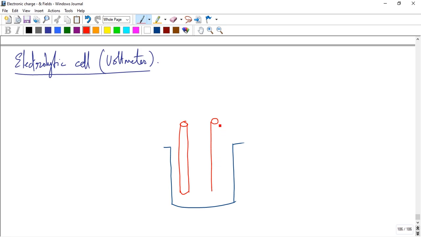electrodes, and these two electrodes are graphite rods. And there is a solution. This solution is an electrolyte solution.